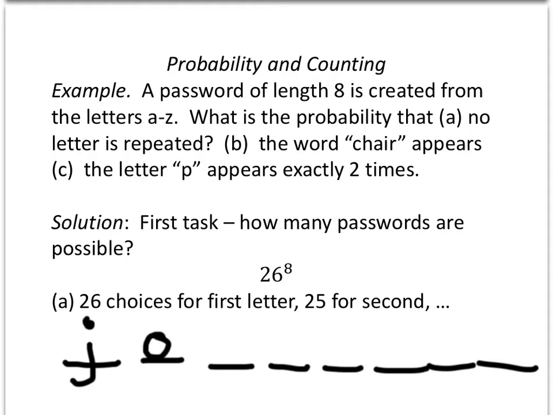Maybe we'll pick an O. We can't pick a J again, so because there were 26 choices for the J, there are actually only going to be 25 choices for the O. Well, now I've chosen the J and the O. Let's choose a B. There are 24 choices for what letter comes third. And then there would be 23 and 22, and so on.